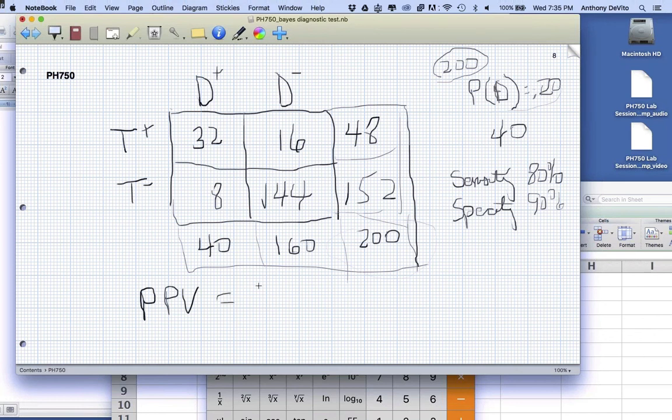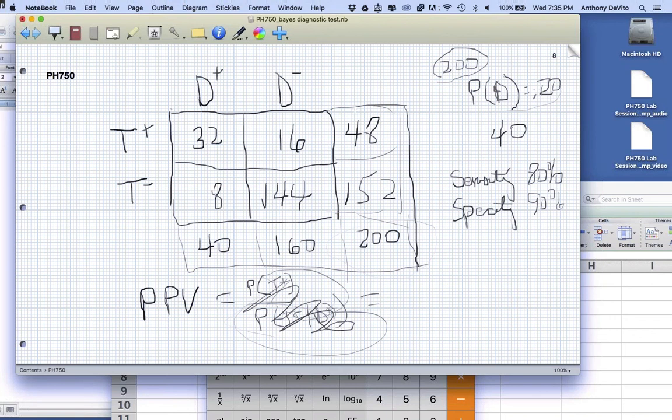It's going to be the probability of actually getting a positive test and actually having the disease, over the probability of getting a positive test. Excuse me, I reversed those. Should have been that one on top. But let's not look at it as a formula. Let's look at it just interpreted functionally.